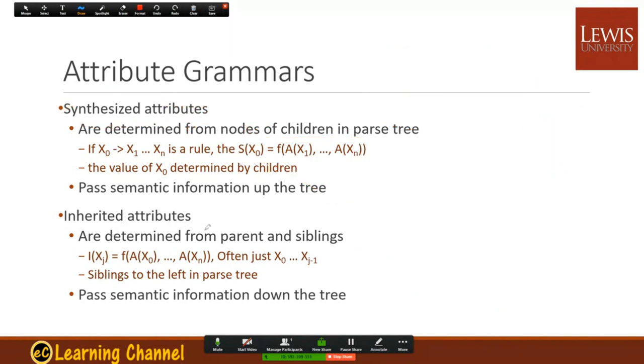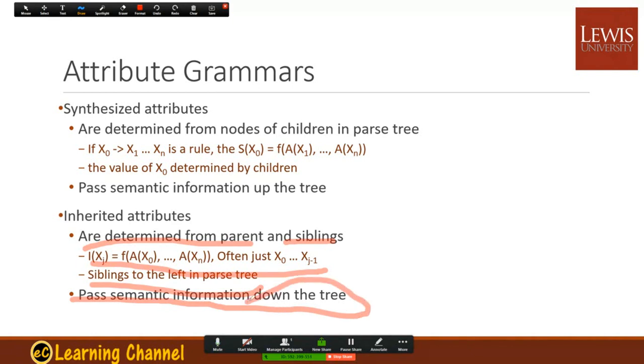And the inherited attribute is different. Inherited attributes are determined from the parent and siblings, especially the elder siblings. It's a sibling to the left of the tree, parse semantic information of the tree.